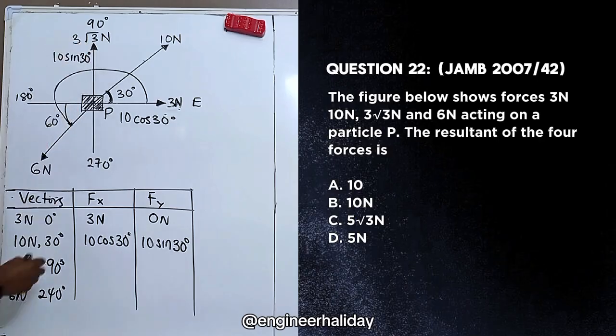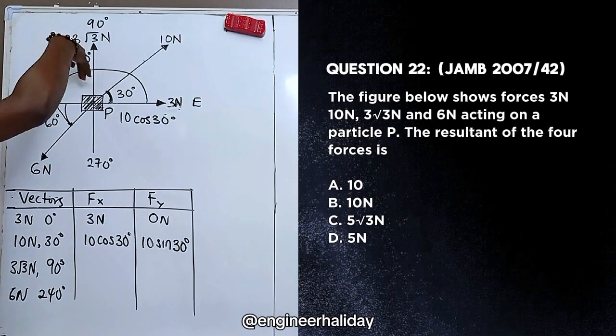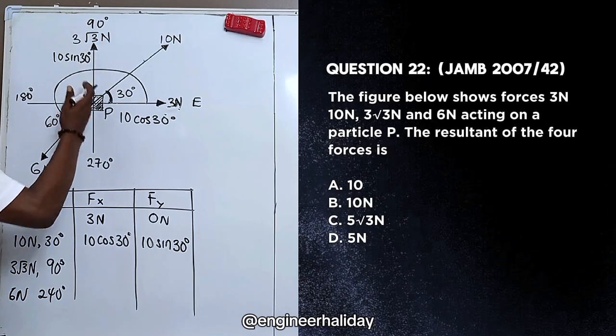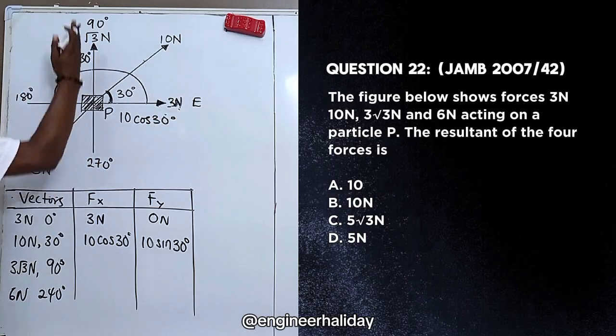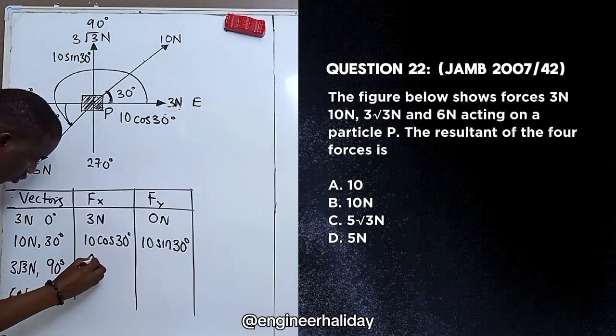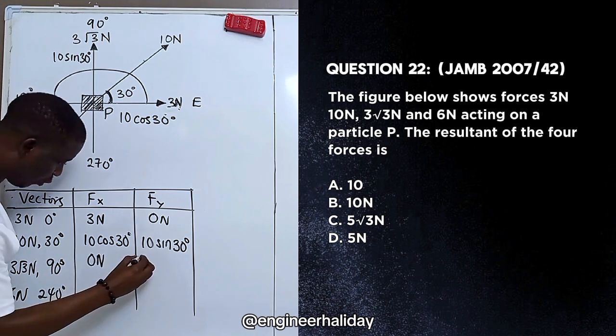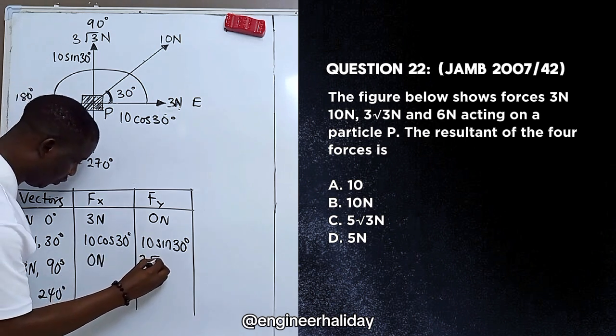Then we resolve this one, which has already taken sine, that means it only has a y component, but the x component is 0, because it's already on the y-axis. So the x component of this one will be 0, then the y component is 3 root 3.